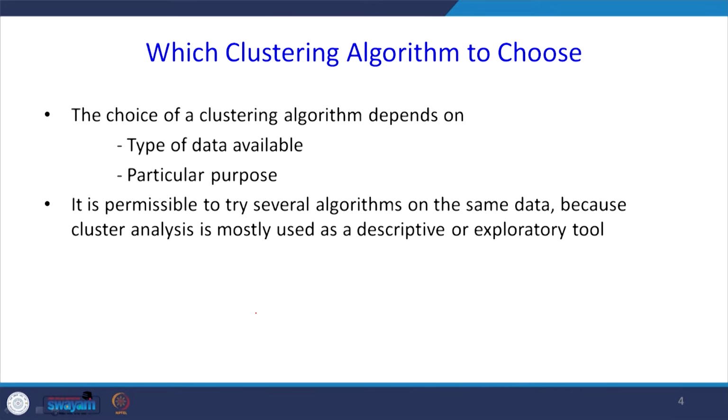The choice of clustering algorithm depends upon the type of data available and the particular purpose, whether you want to know in advance how many clusters are required, or go for all types of classifications and later let the user choose the right number of clusters. It is permissible to try several algorithms on the same data, because cluster analysis is mostly used as a descriptive or exploratory tool.